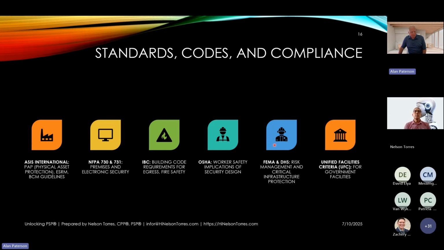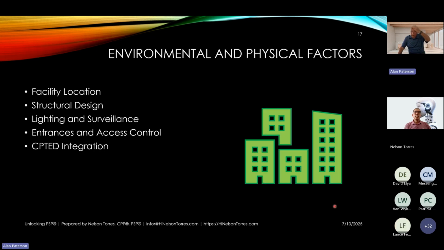And as I mentioned, that could be things like door egress, card reader height for the reader itself, that sort of thing is in the ADA specification. So we can talk a little bit about the environmental and physical factors.